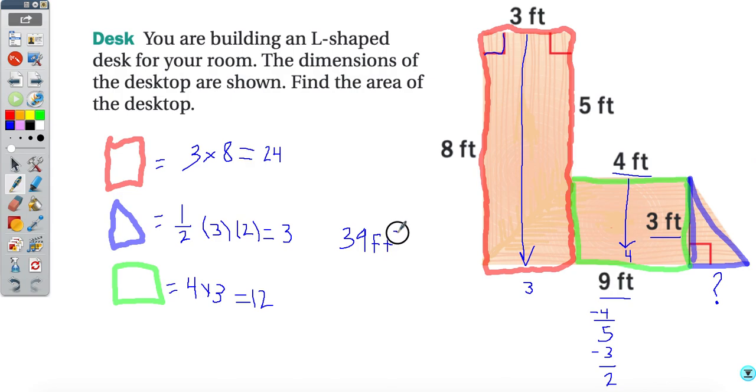It's important to remember to label your units. So that's how you find the area of an irregular figure. We have 2 more examples on the next page that we're going to take a look at.